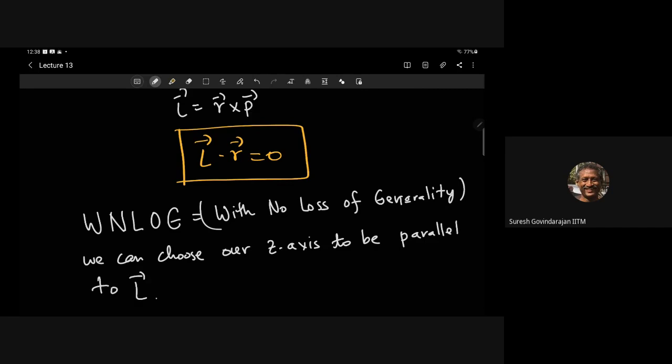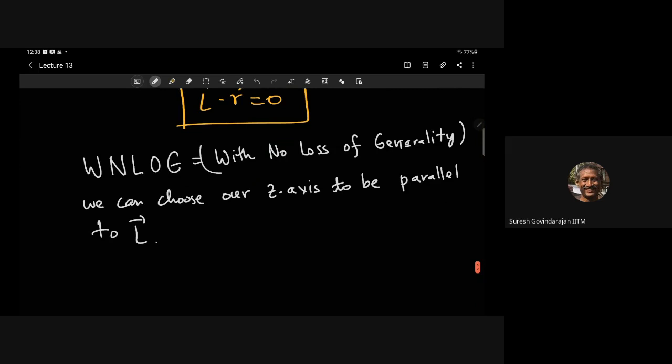Once we do that, the motion is restricted to the XY plane.